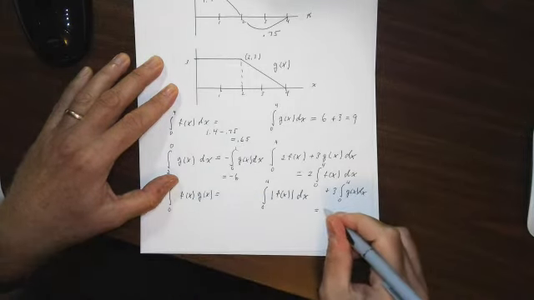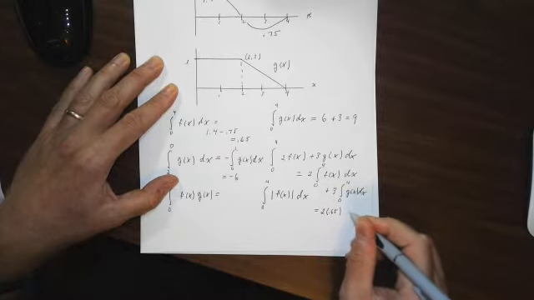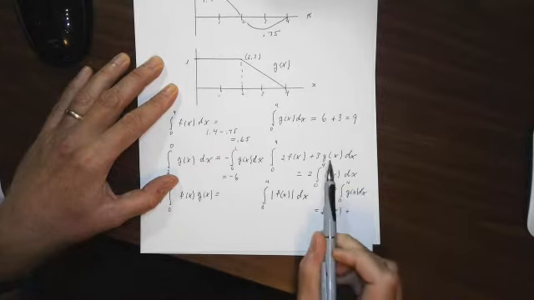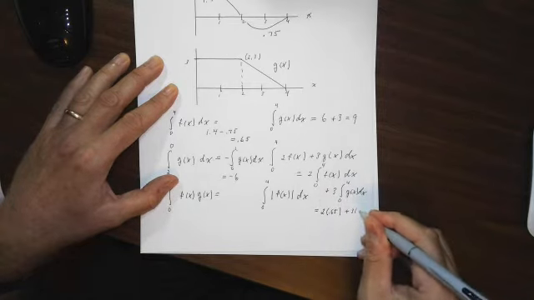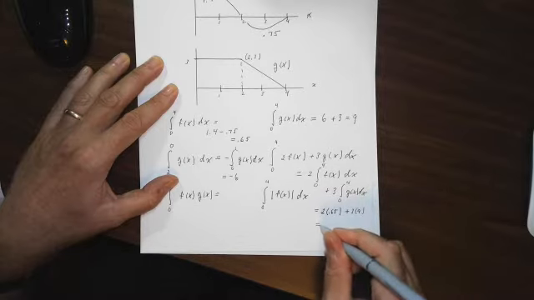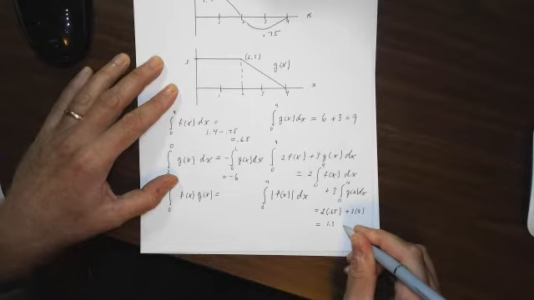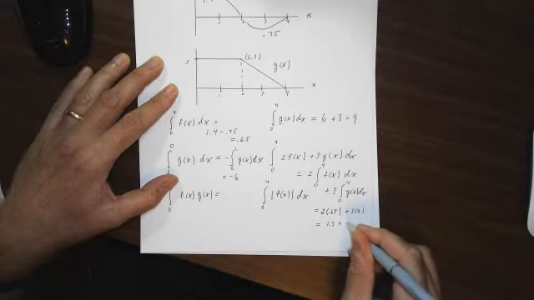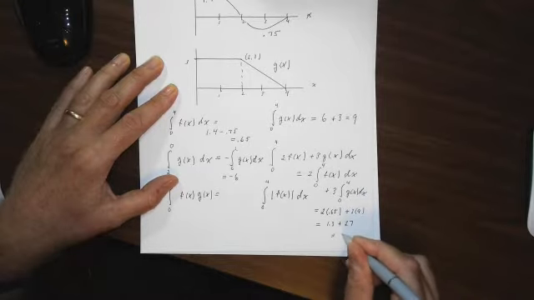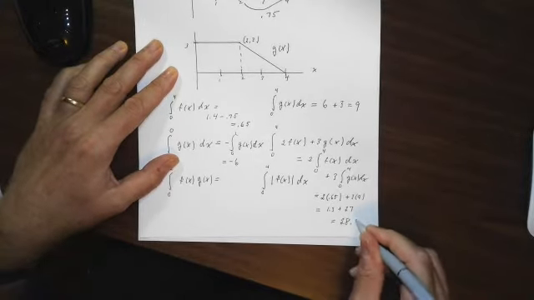So we have 2 times 0.65 plus 3 times the integral of g, which we computed above, that was 9. So 3 times 9, which is 27, and 2 times 0.65 is 1.3. 1.3 plus 27 is 28.3. I don't know if you can see it down here, 28.3.